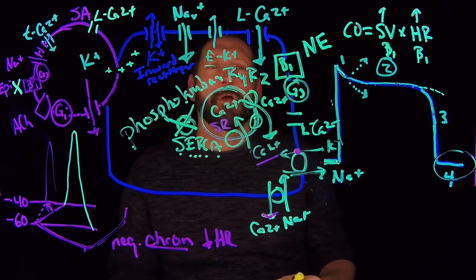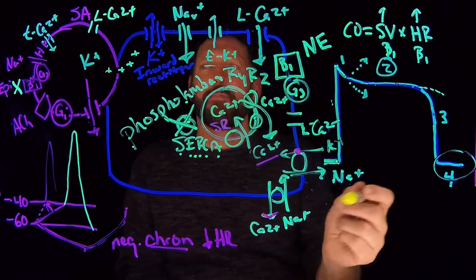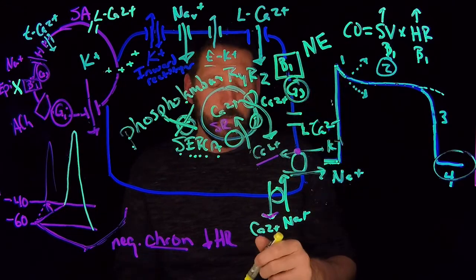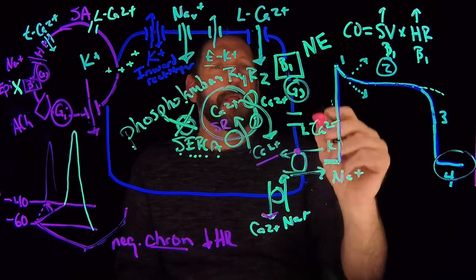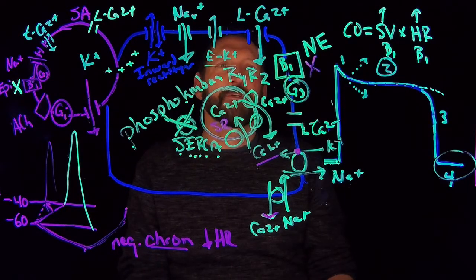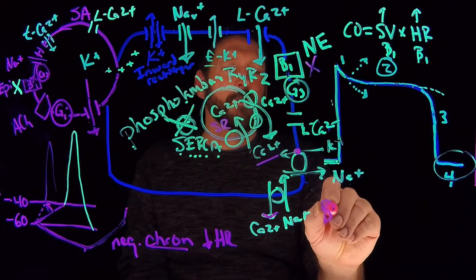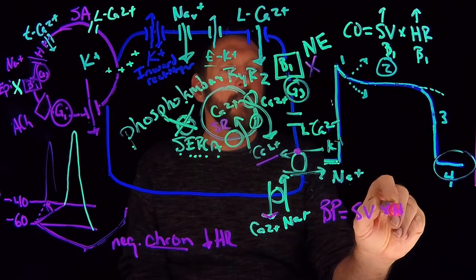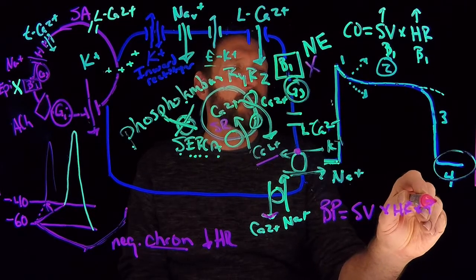If we go back here and look at our beta blockers, they not only block the beta-1 receptors here, but they can also block the beta-1 receptors here. So what it can do is actually decrease the strength of contraction. And so if I have somebody that I'm concerned about their blood pressure, well, blood pressure equals stroke volume times heart rate times peripheral resistance.